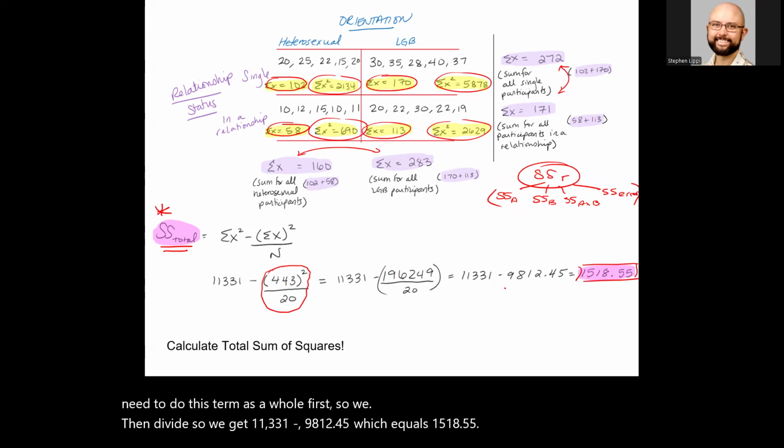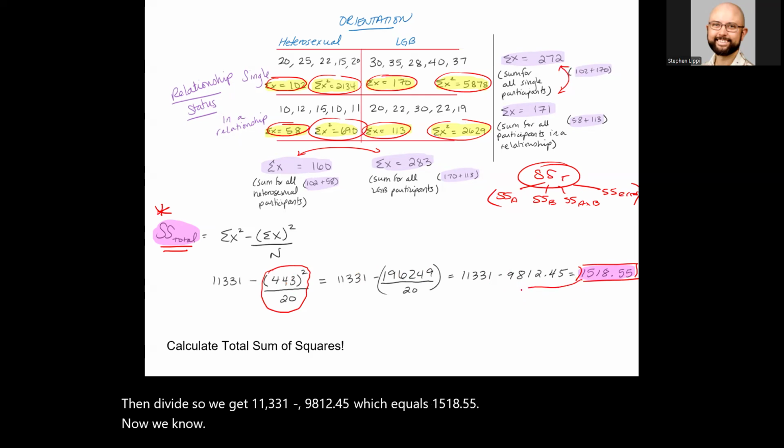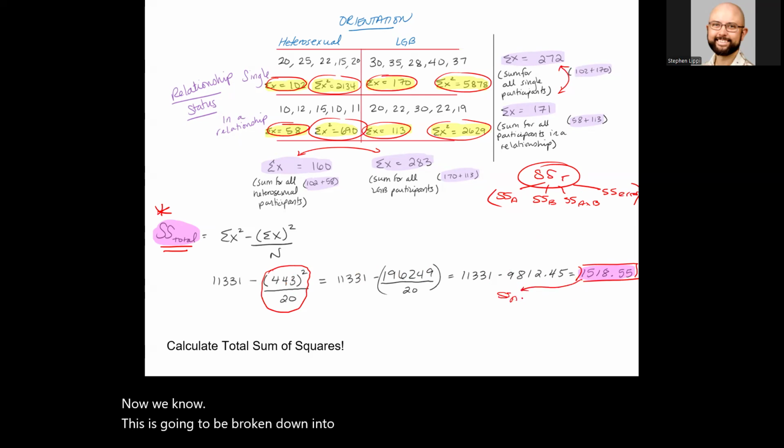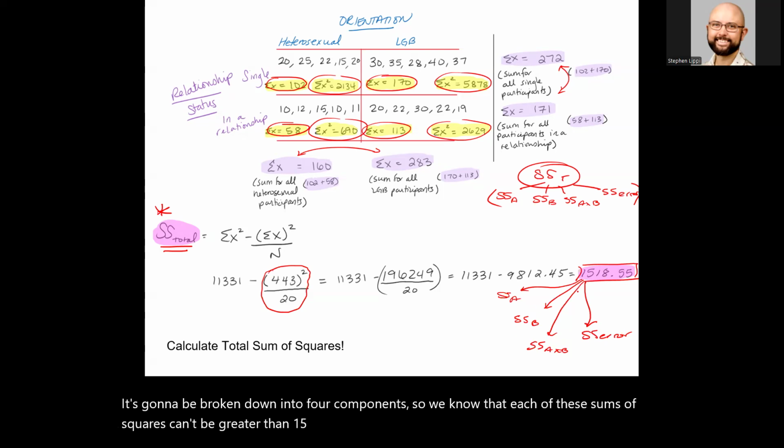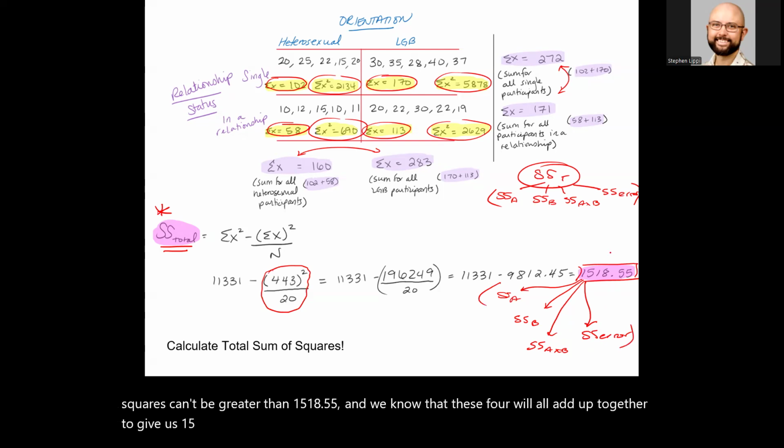Now we know this is going to be broken down into four components. So we know that each of these sums of squares can't be greater than 1518.55. And we know that these four will all add up together to give us 1518.55.